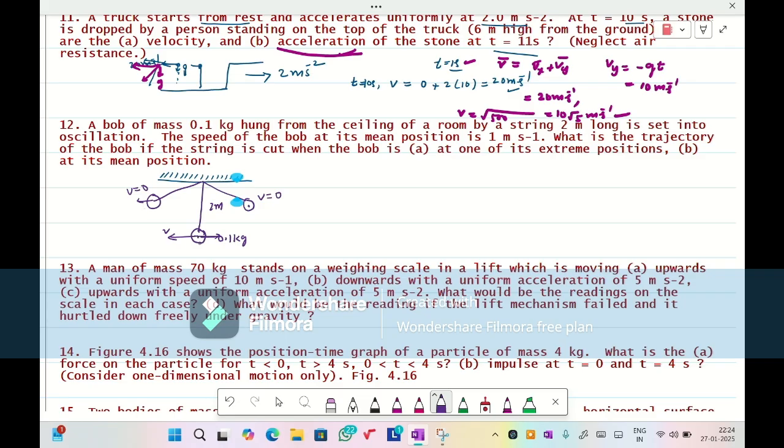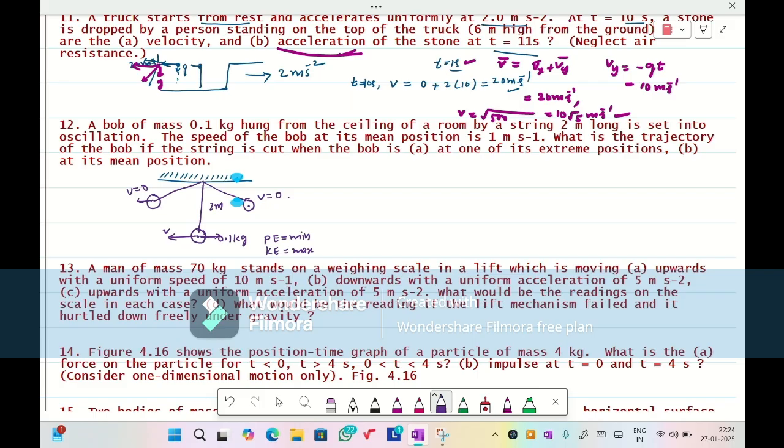At the mean position, potential energy is minimum, not always 0, and the kinetic energy is maximum. Now the question is, what is the trajectory of the bob?